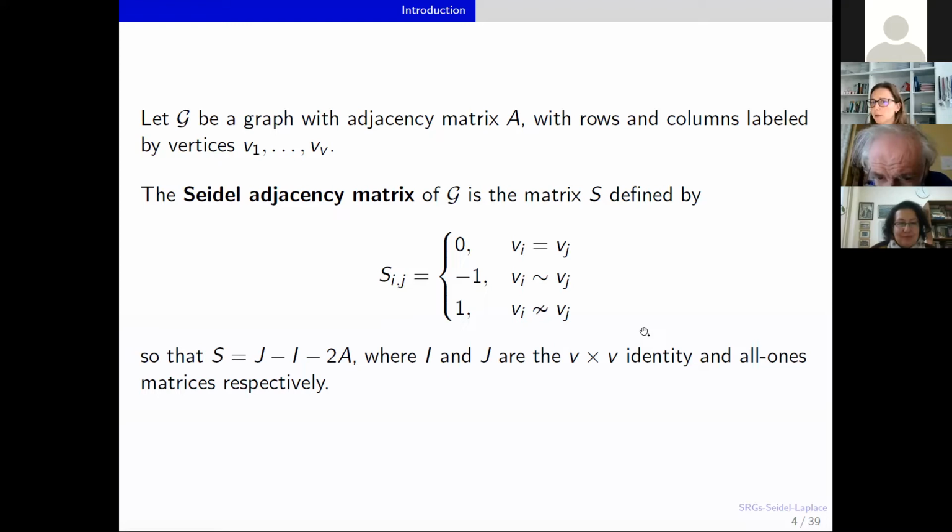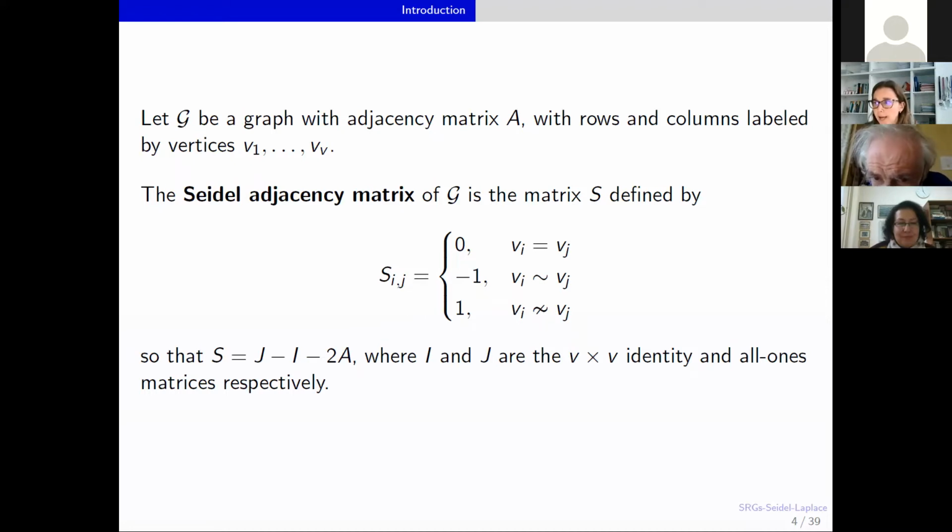It is a matrix that has three kinds of entries: 0, -1, and 1. It is 0 on the diagonal, that is, at the position of the same vertex. It is -1 when two vertices are adjacent, and it is 1 if two vertices are not adjacent.